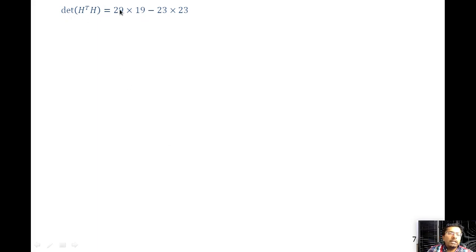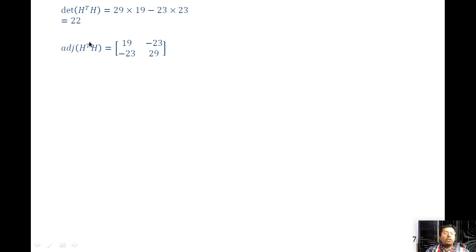So the determinant is 29 times 19 minus 23 times 23, which comes to 22. The adjoint is going to be swapping the diagonal elements and flipping the signs of the off diagonal elements. So we get 19 and 29 here, and then the off diagonal elements are going to be minus 23.